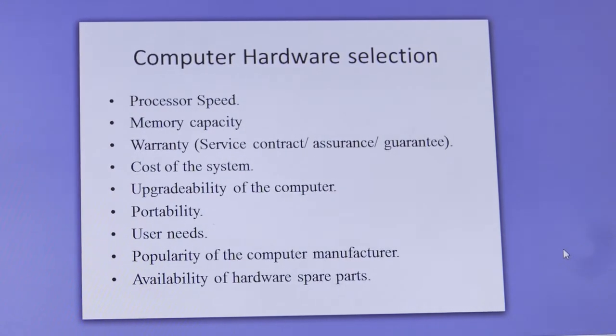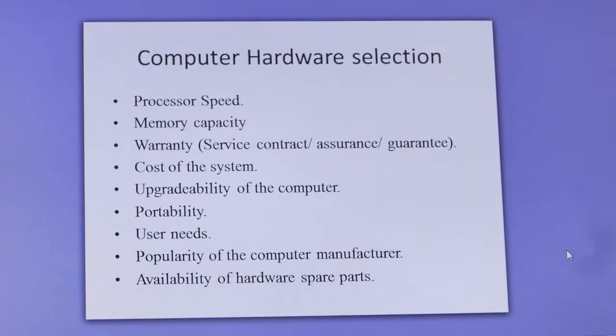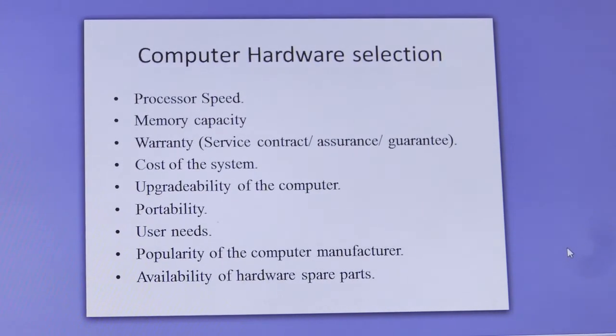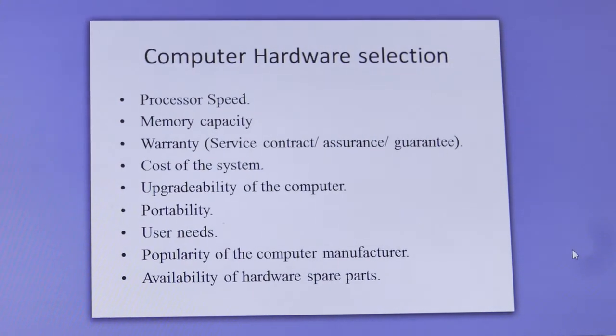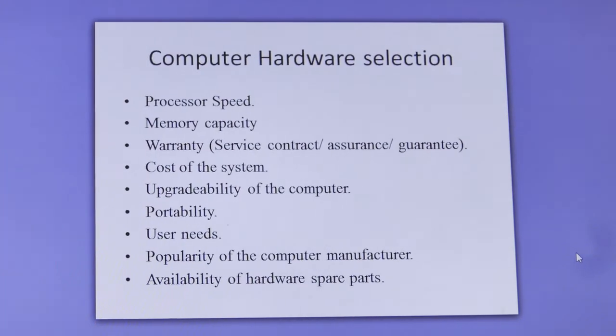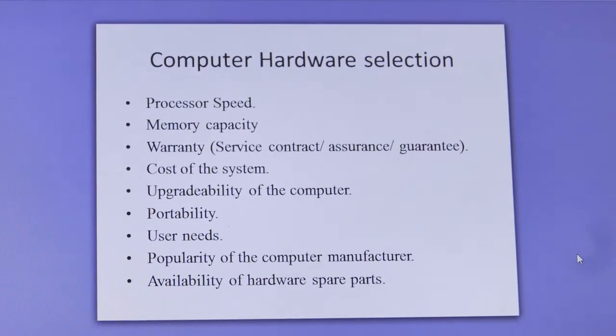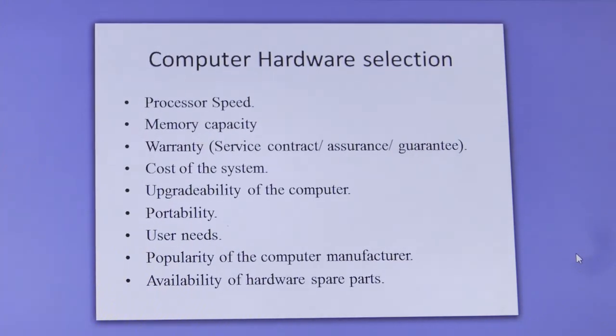You check on whether you are able to carry the computer from one place to another. If you want a computer to be put on the desk, you can buy a big one. But if it is to be carried from one place to another, you buy a smaller type of computer.